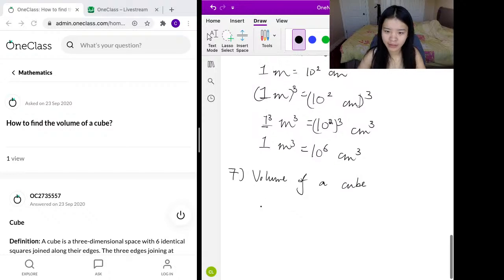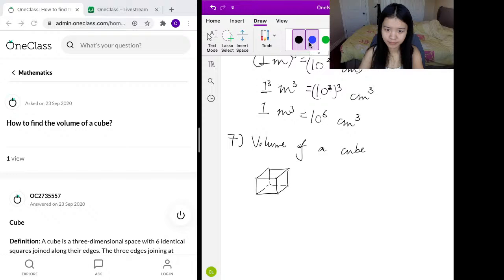First of all, a cube is something that looks like this. A cube has 6 sides, and each side is a square. So this is a cube.